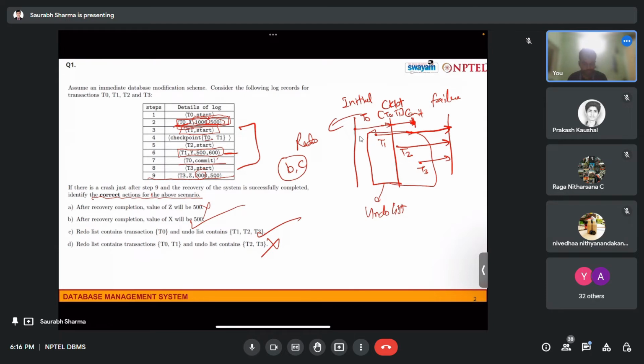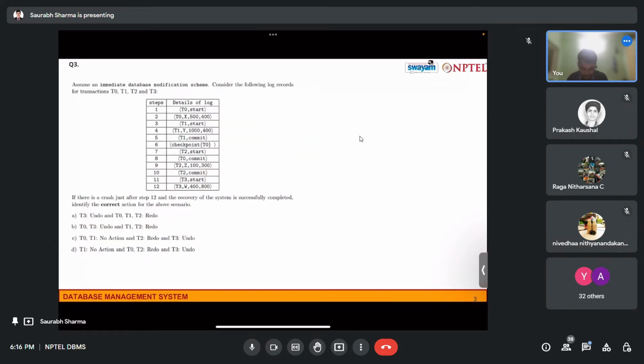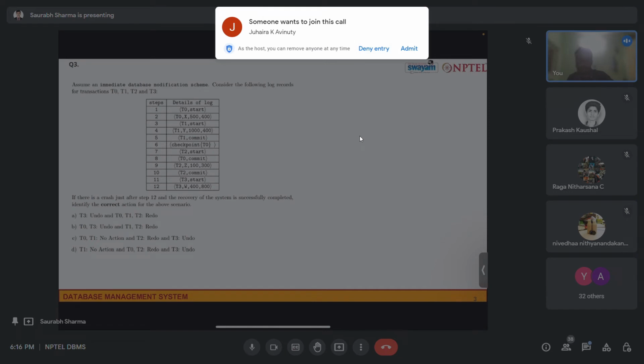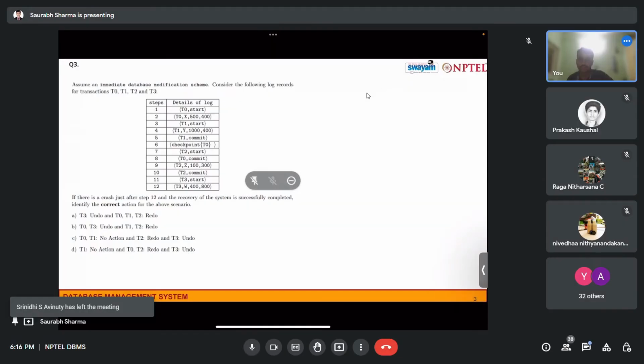Okay. Now coming to this question, this is quite similar. Just create that kind of diagram. So what we have to do is create the initial stage. Is there any checkpoint?